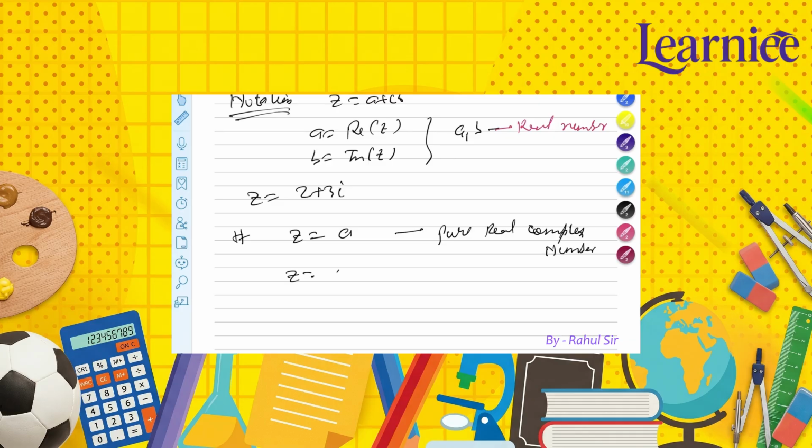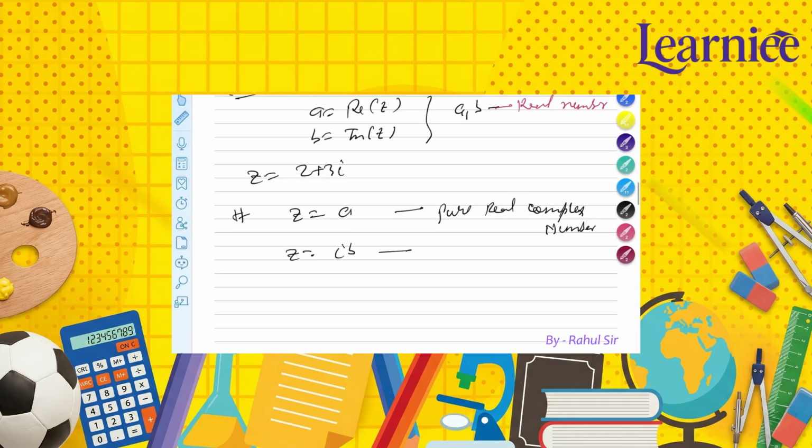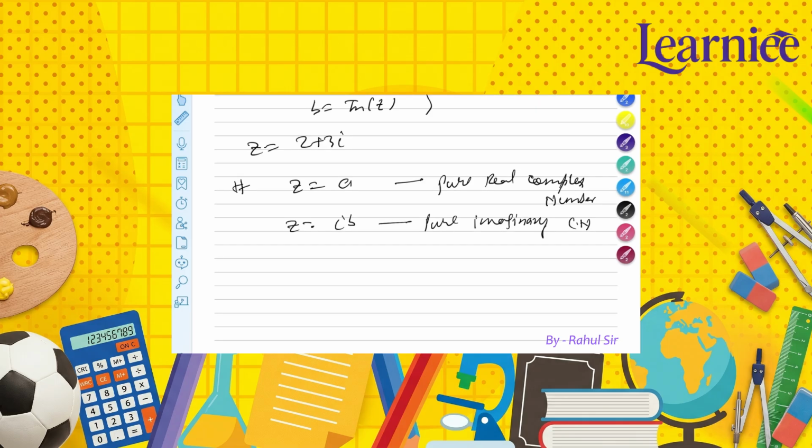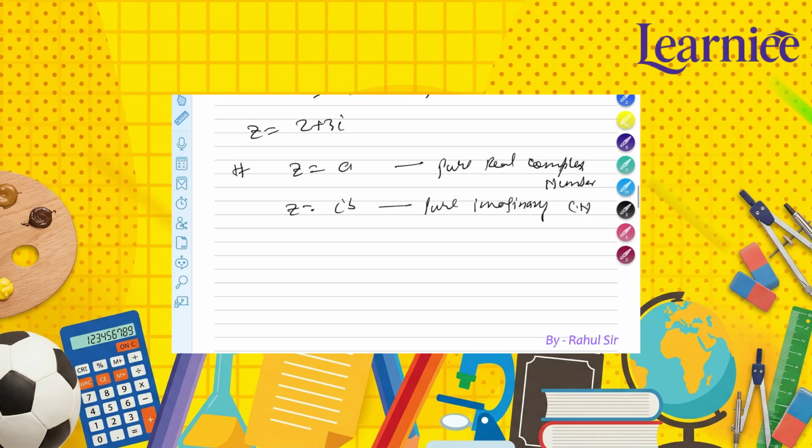If we have z equal to, let's say, ib, there is no real part, and it is called a pure imaginary complex number. So basically, for any complex number, if b is 0, we call it a pure real complex number. If a is 0, we call it a pure imaginary number.